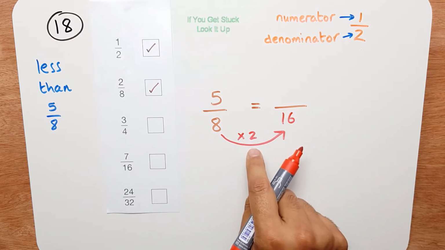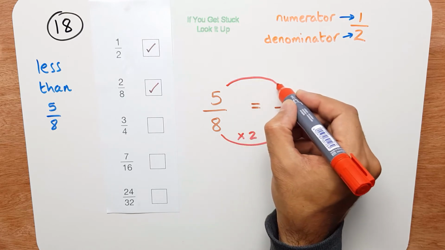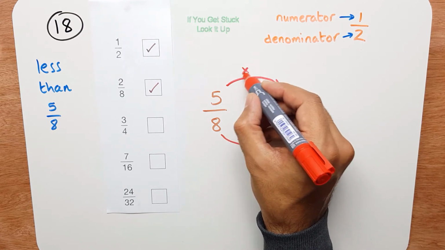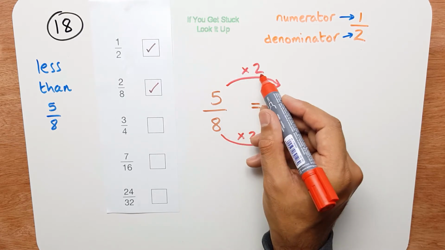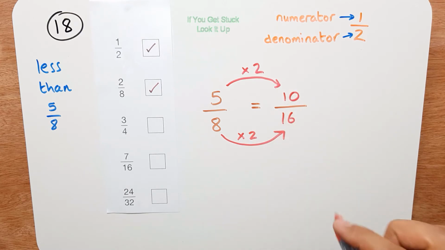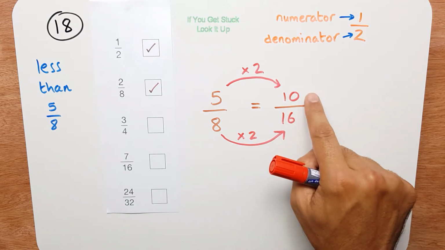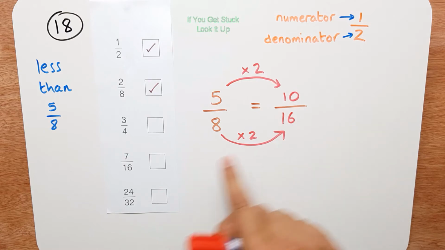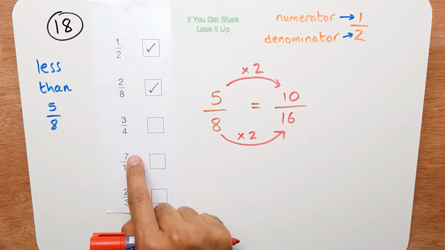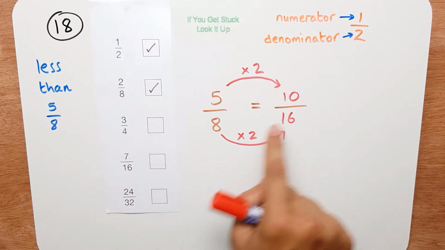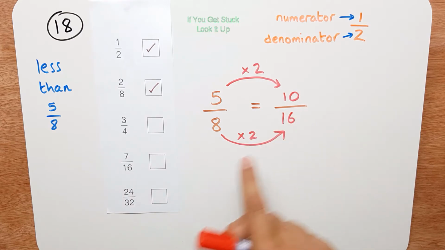And whatever I do to the denominator, I have to do to the numerator. 5 times 2 is 10. Now I need to compare 10/16 to 7/16. I can see 7/16 is less than 10/16. So we can tick this one.